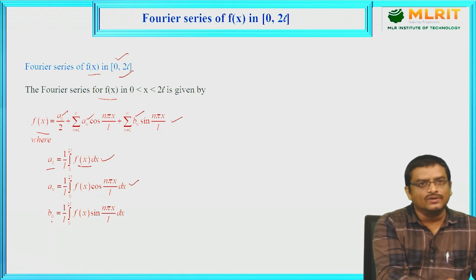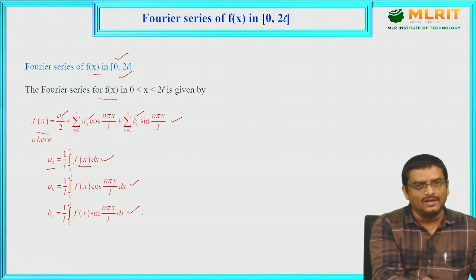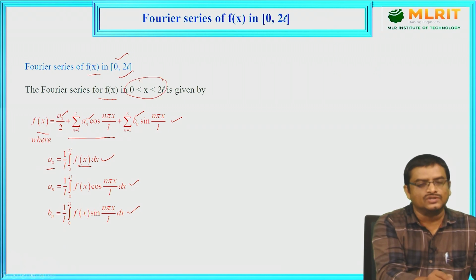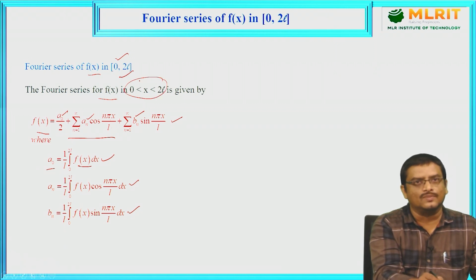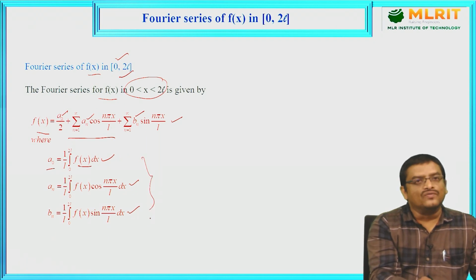And bn is equal to 1 by l integral 0 to 2l f of x into sin n pi x by l dx. These are the formulas used to find out the Fourier series of f of x in the interval 0, 2l, and the coefficients a0, an and bn.